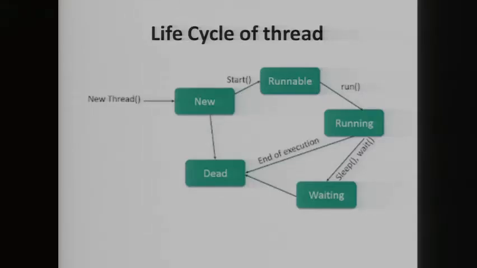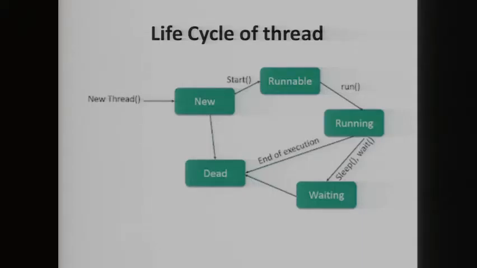A thread has a specific time span to finish its task, and that time span is called the life cycle of that thread. Within the life cycle of a thread, a thread has several phases, or we can call them several states. During the life cycle, a thread may change from one phase or state to another.